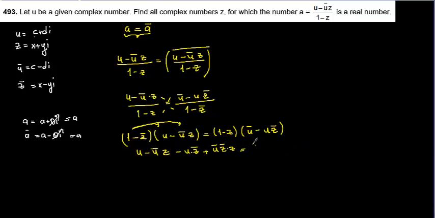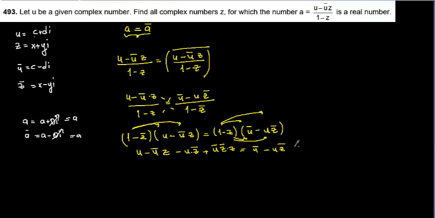Then it's going to be equal to, on the other side, if I do the distribution operation one by one here, 1 times U conjugate is equal to U conjugate. 1 times minus U Z conjugate is equal to minus U Z conjugate.